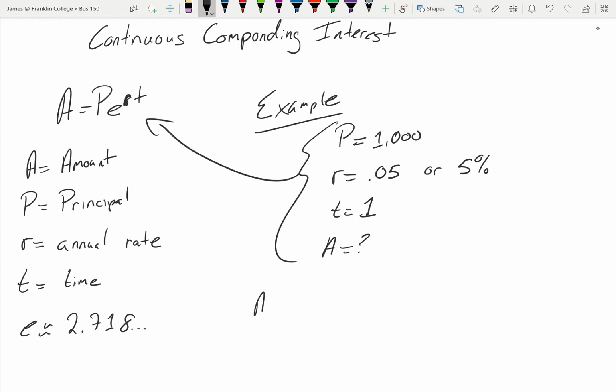So we'll have A equals 1,000 times e raised to the 0.05 times 1.